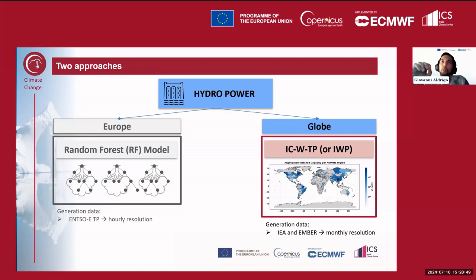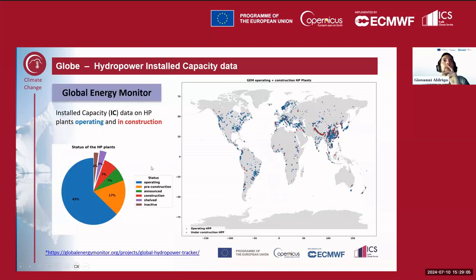And you will see that this takes into account both hydropower installed capacities and precipitation. So it merges the two pieces of information to try and obtain an informative variable.